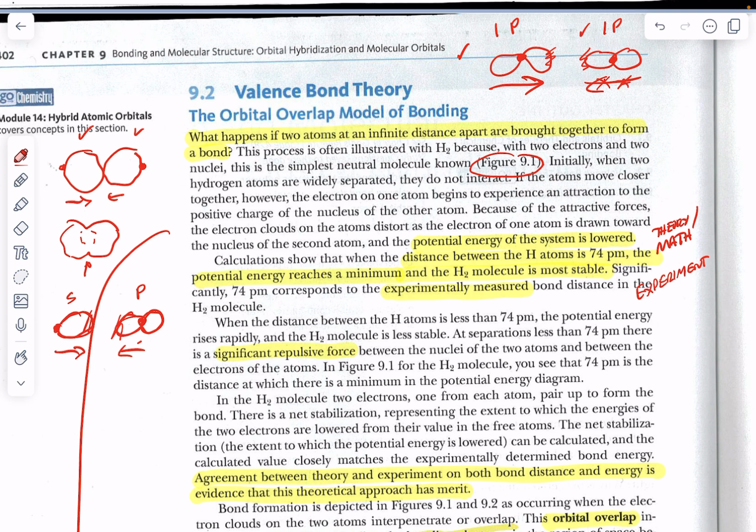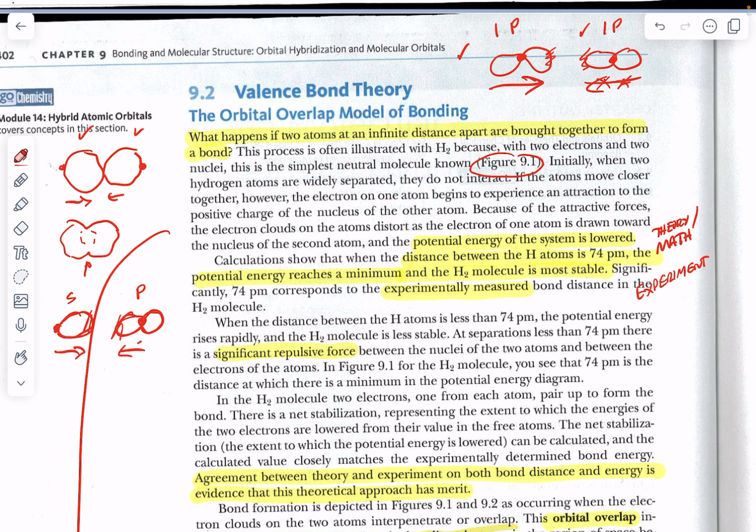Then we're creating a single covalent bond using an s orbital from one atom and a p orbital from another atom. So that's kind of how we're going to be modeling orbital overlaps in the valence bond theory.